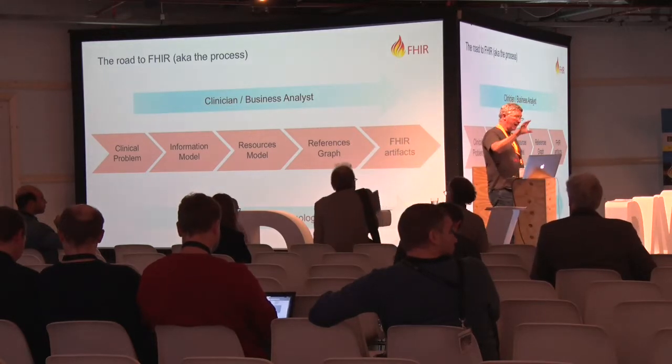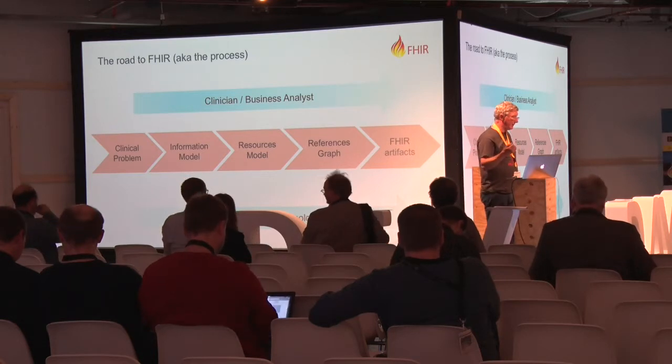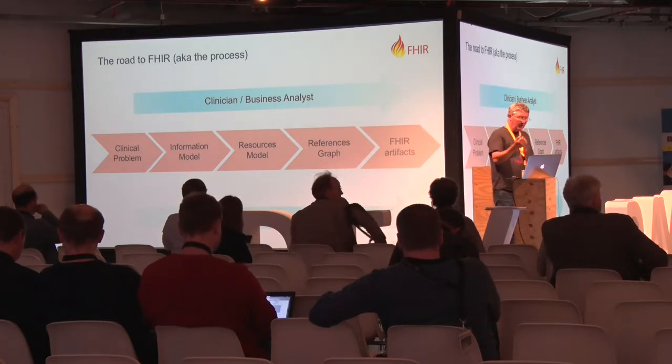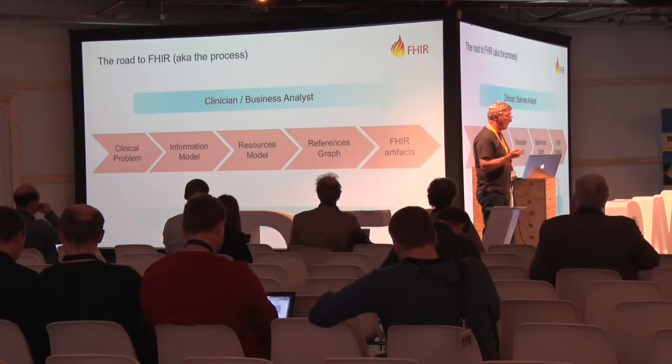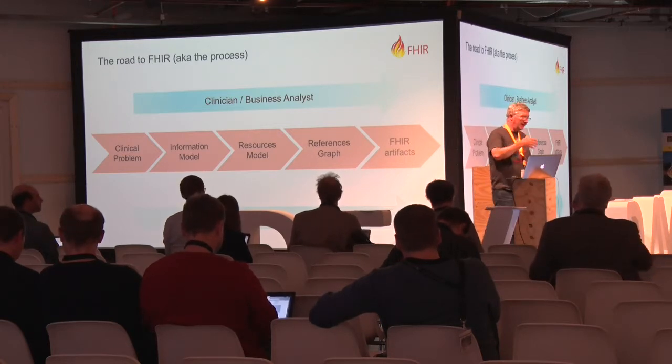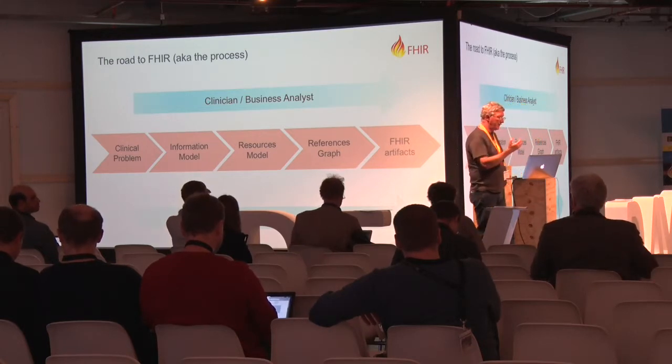What the arrows above and below the line are intending to illustrate is that the clinician and the business analyst have a deep involvement in this process early on, and then a lesser part of the process as time goes on. Whereas for the FHIR expert, it's the other way around.